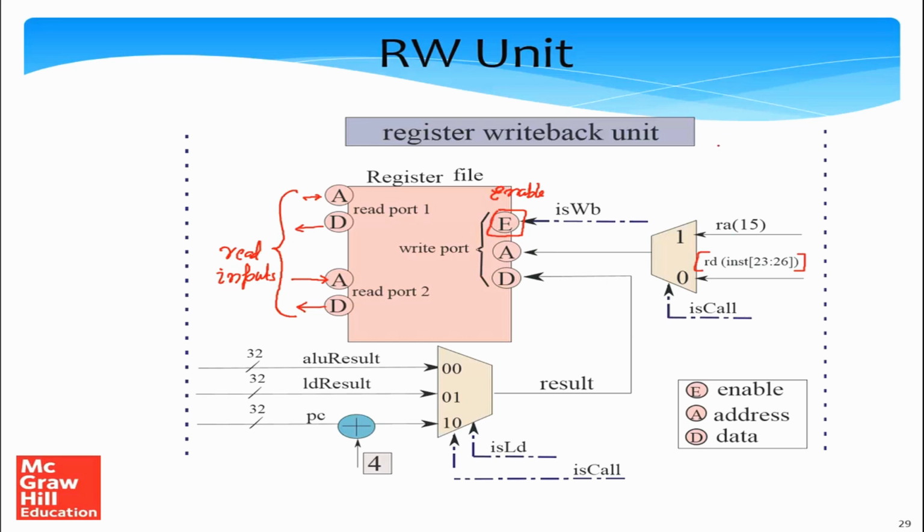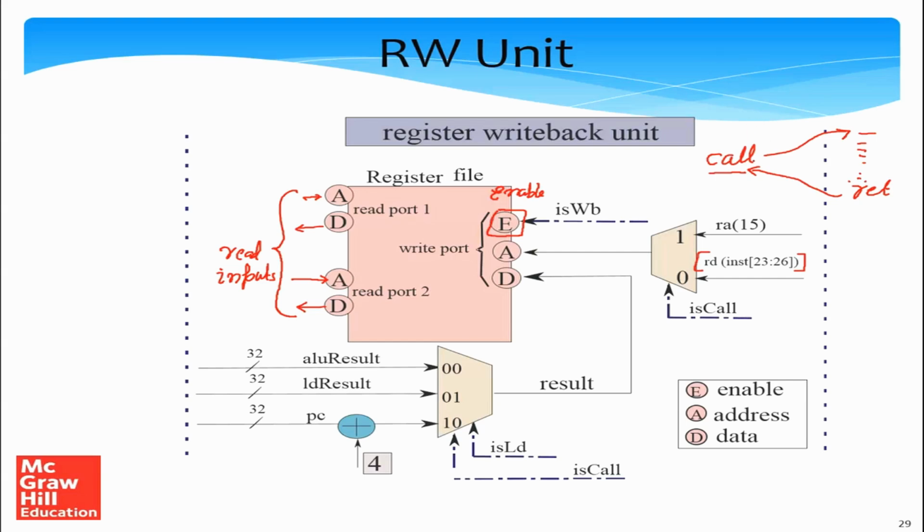The call instruction is very special. What it does is that we jump to a function, execute all the things in the function, and at the end we call a ret instruction, and with the ret instruction we come back to the instruction just after the call.